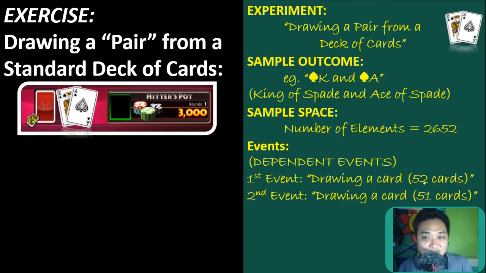And actually, 52 times 51 is equivalent to 2,652. Baka kasi magtanong kayo saan natin nakuha yung number na yan. Because we multiplied 52 and 51. Meaning there are 2,652 combinations of pair of cards from a standard deck, if we're going to draw our first card on our first event at hindi na ibabalik, and then we are going to draw another card without returning those cards.